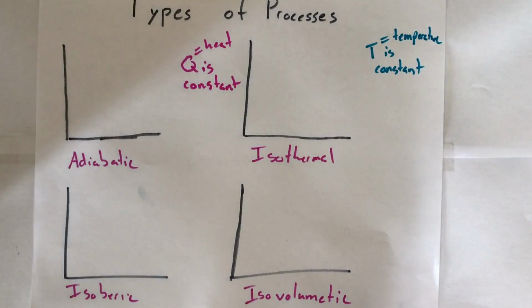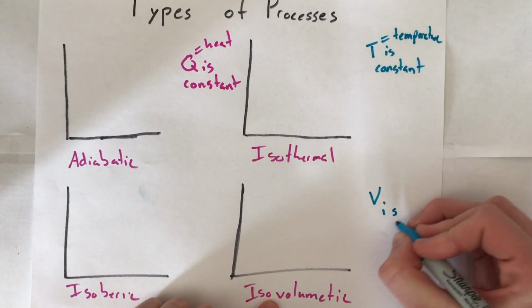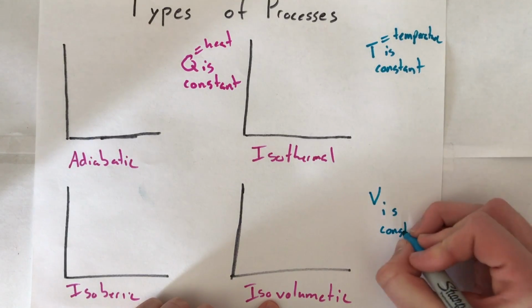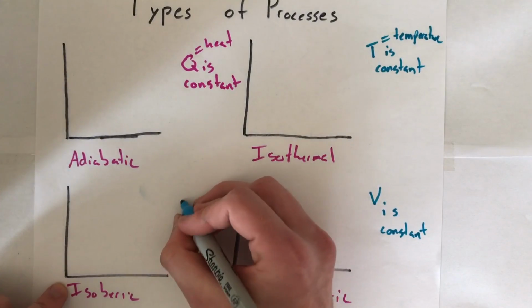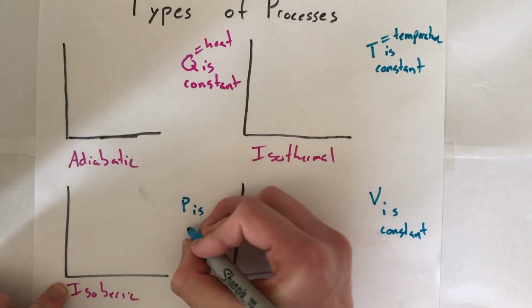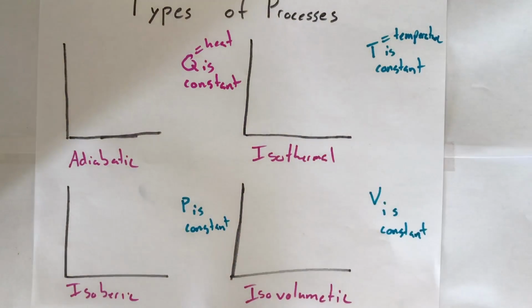Now the next 2 are fairly obvious. Isovolumetric, V is constant. And then isobaric, we have pressure being constant. So these all have pretty different looks to them.